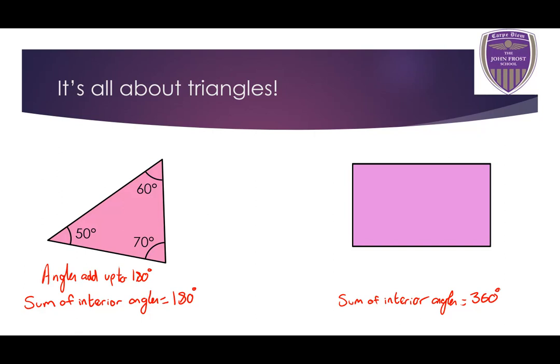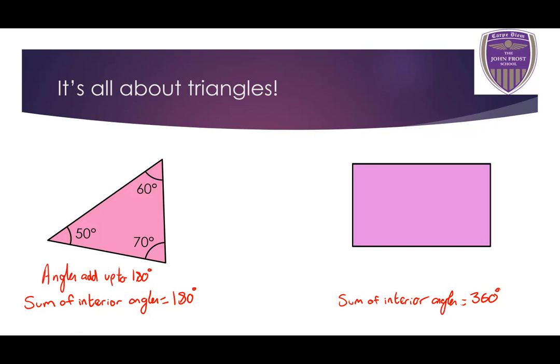And that's because if we look at a normal rectangle, we know that it has 4 right angles, and each right angle is 90 degrees, so 90 plus 90 plus 90 plus 90 is 360. But this lesson is all about triangles. So we're going to prove this shape has a sum of interior angles of 360 degrees using triangles.